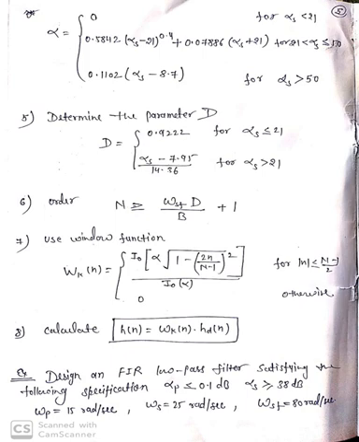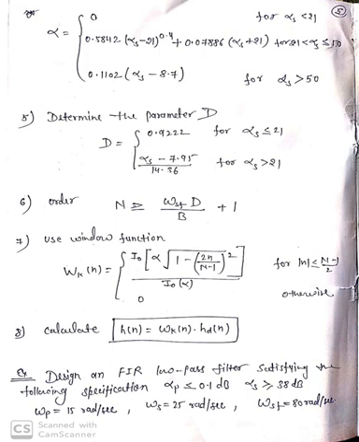If alpha s is less than 21, then we choose alpha equals 0, and if alpha s varies between 21 and 50, then we choose 0.5842 (alpha s minus 21) to the power 0.4 plus 0.07886 (alpha s minus 21). And if we get alpha s greater than 50, then we choose alpha equals 0.1102 (alpha s minus 8.7).